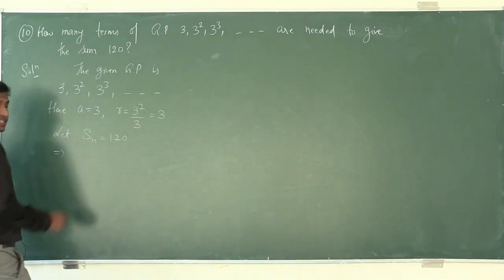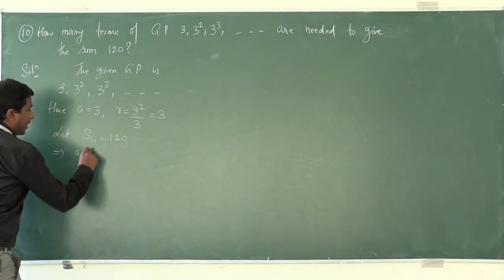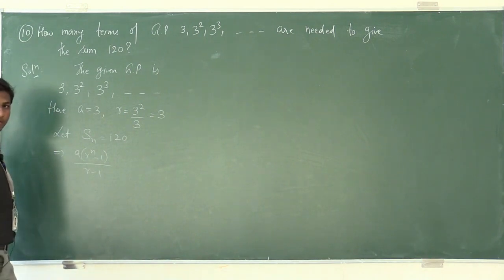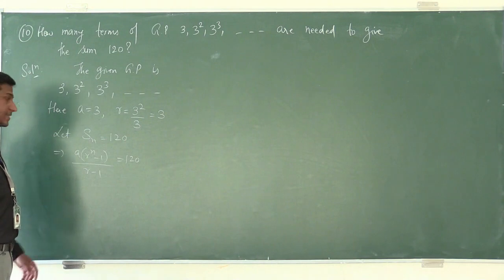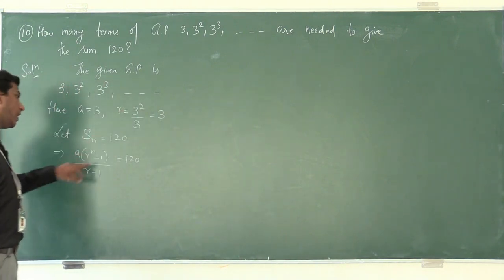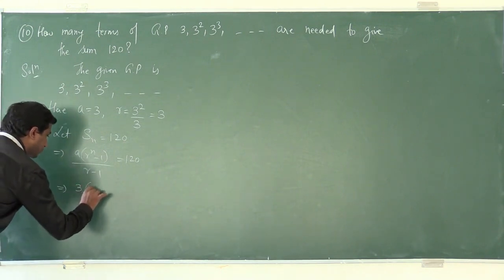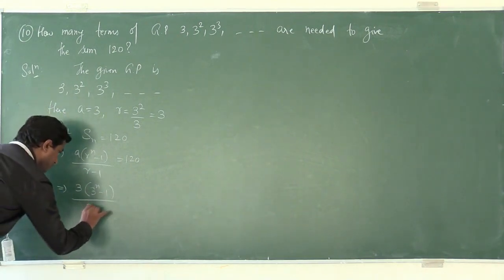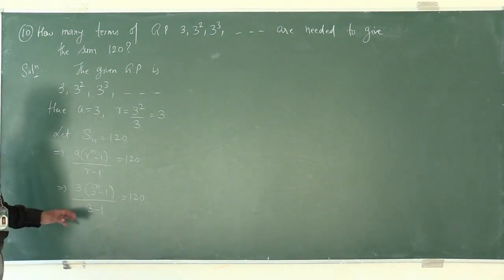Now we will use the Sn formula. What is the Sn formula? a into r power n minus 1 by r minus 1 equals 120. So we will substitute the values of a and r here. We get 3 into 3 power n minus 1 by 3 minus 1 equals 120.